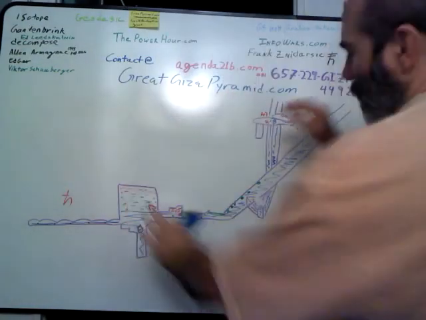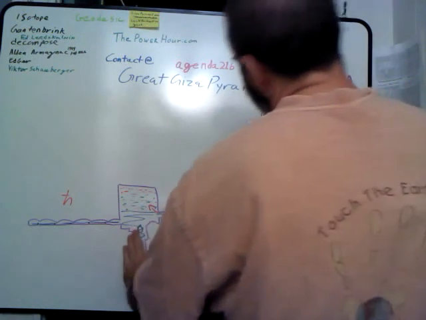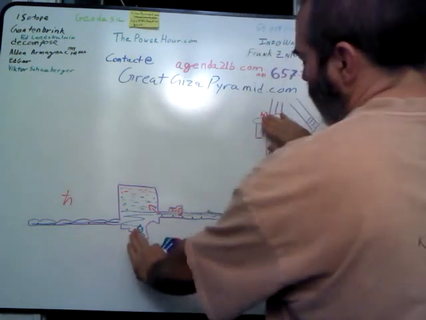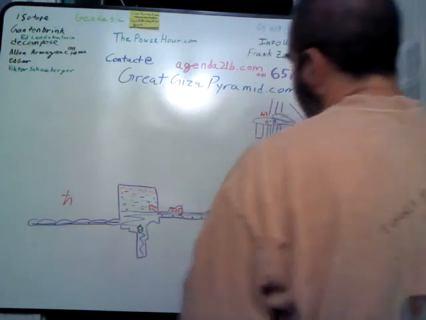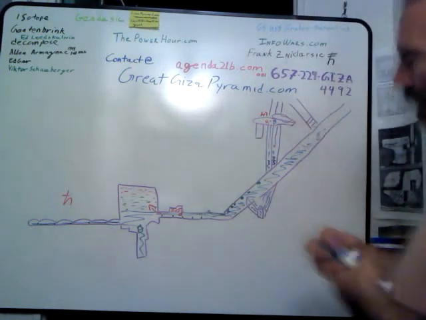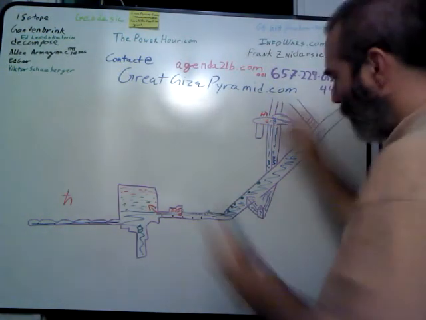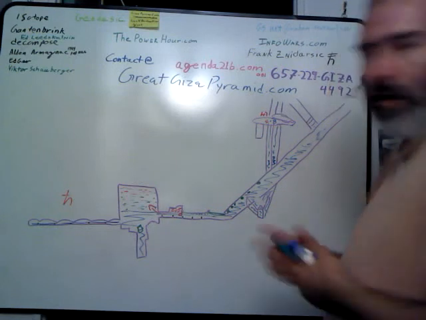But in either case, the reaction is going to be oxygen from down here and hydrogen from up here. And the oxygen is going to keep swishing this whole thing, and eventually the reaction is going to exceed the flow rate of the water coming in.